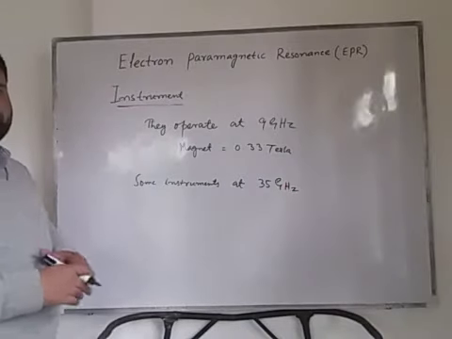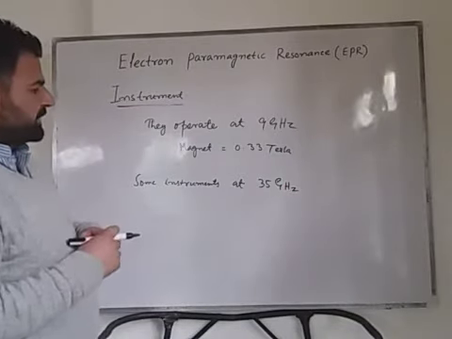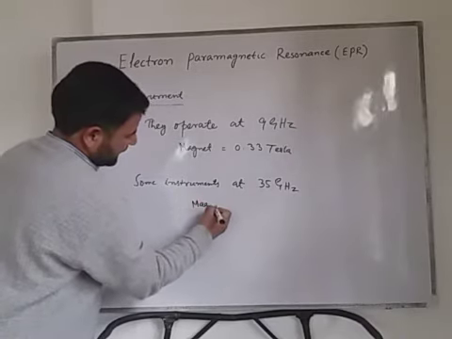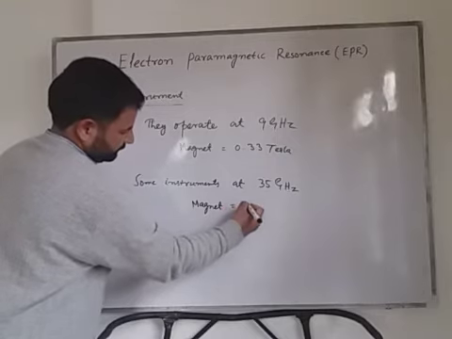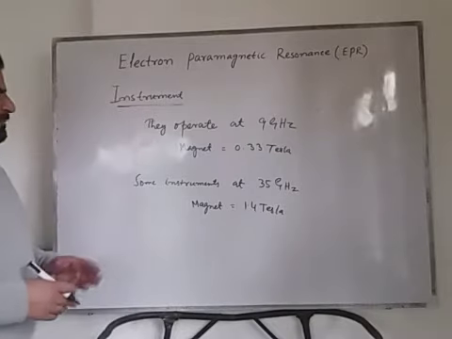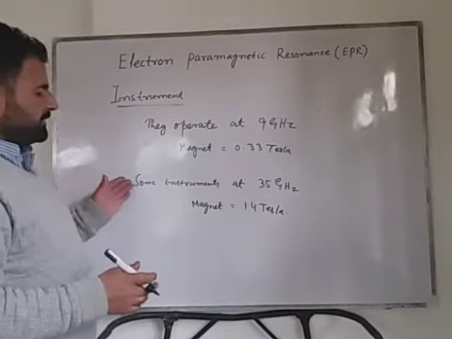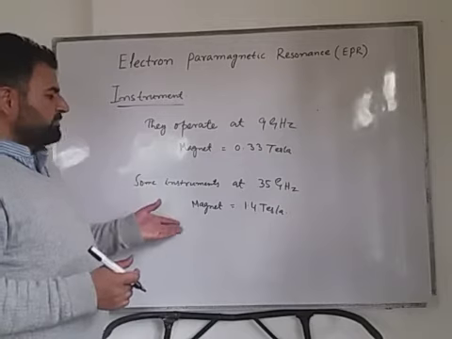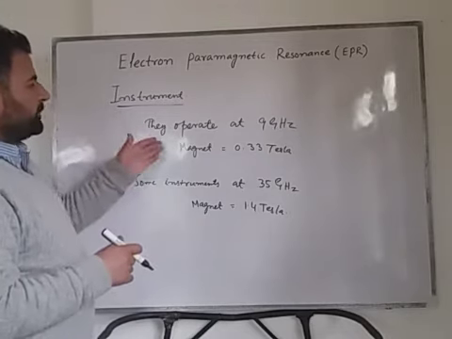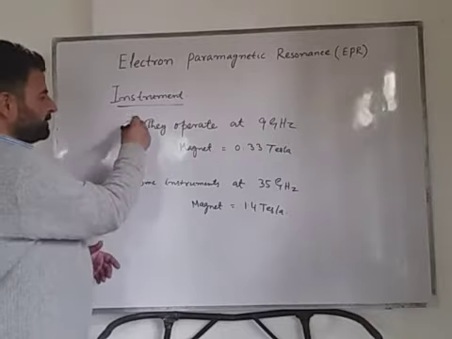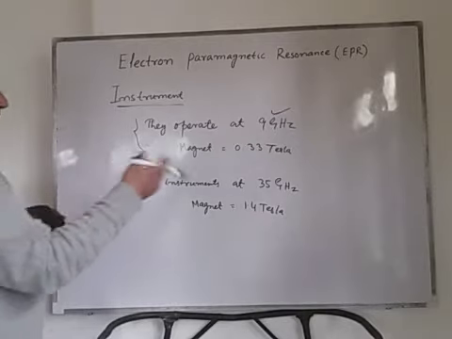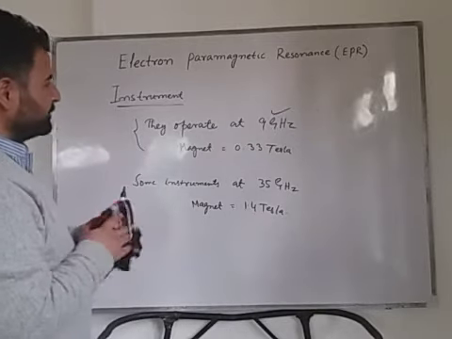For that they need a magnet of strength 1.4 Tesla. But it is a bit difficult to operate the instrument at higher frequency or at higher magnetic field. So it is better to operate at 9 gigahertz frequency, which needs a lower magnet also.